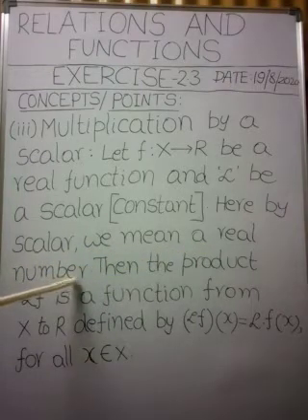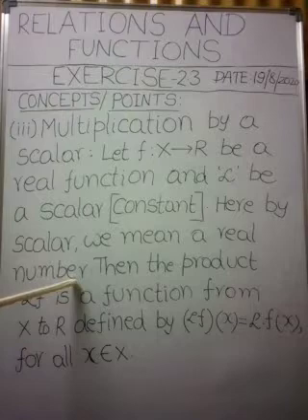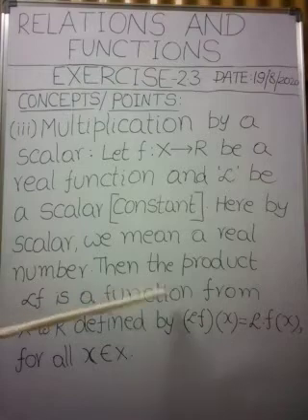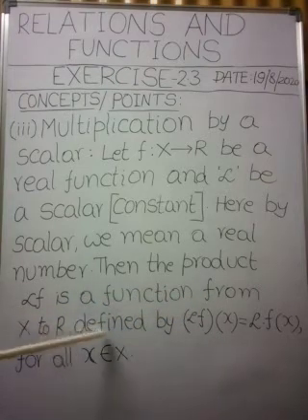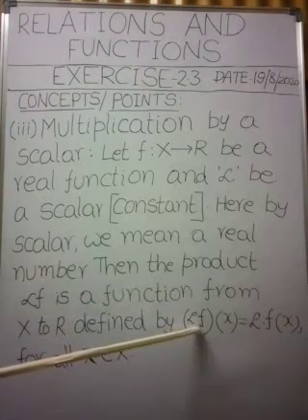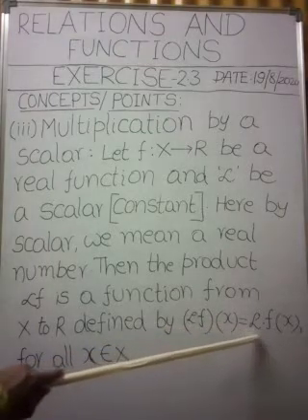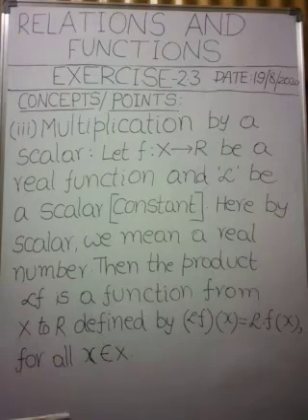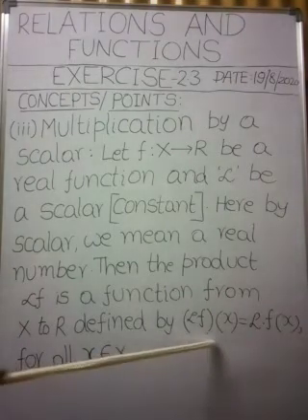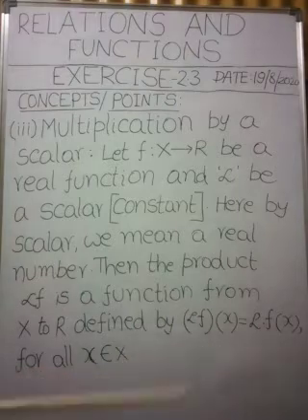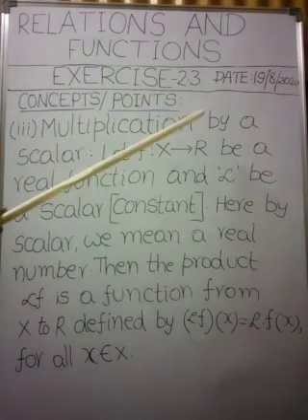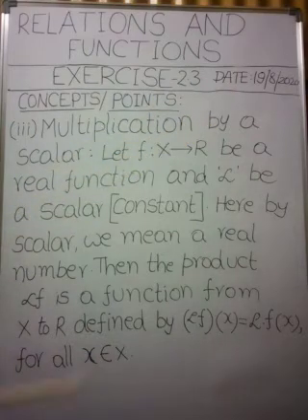Then the product alpha f is a function from X to R defined by (alpha f)(x) equals alpha times f(x) for all x belonging to X. Remember this equation. This is multiplication of a function by a scalar.